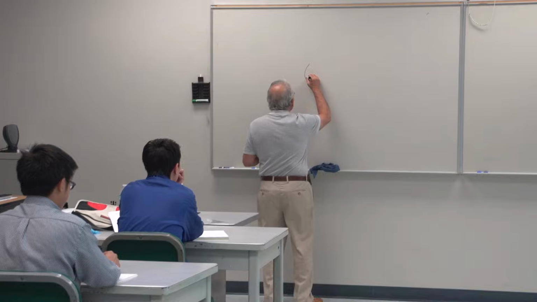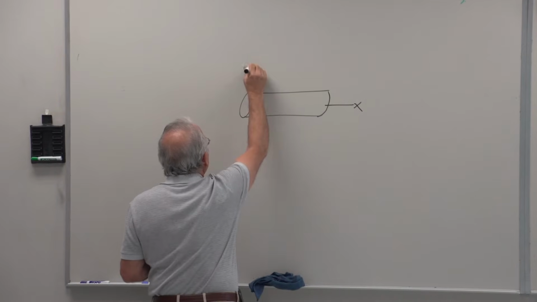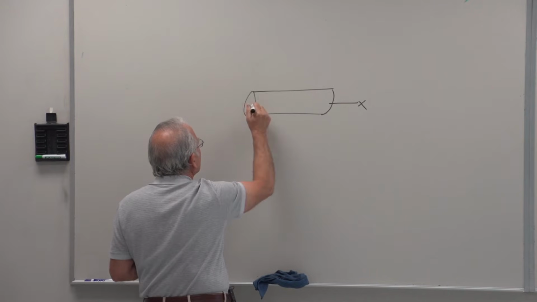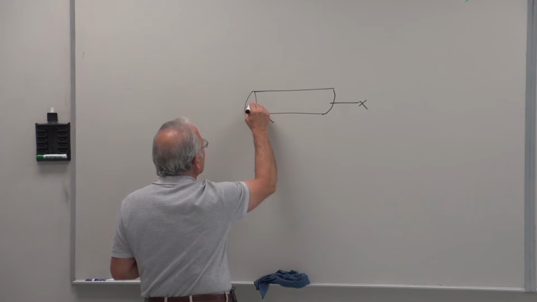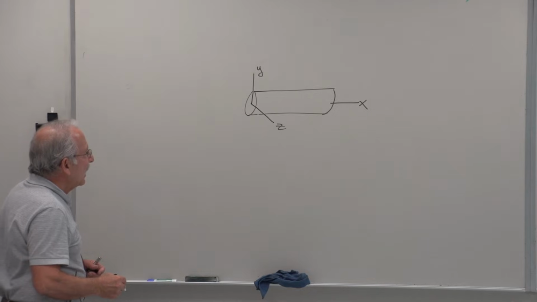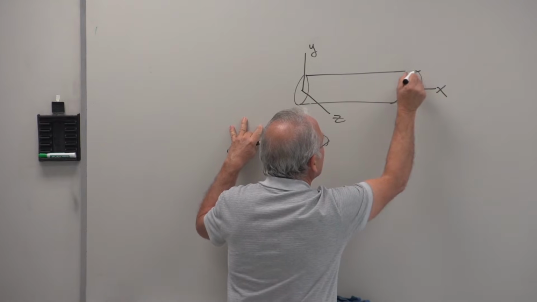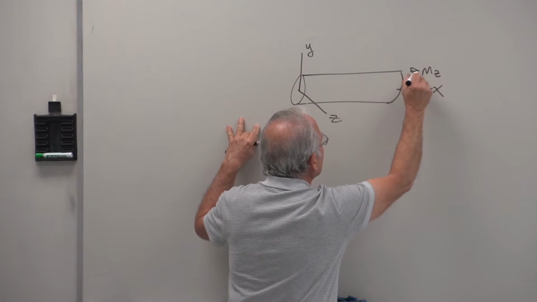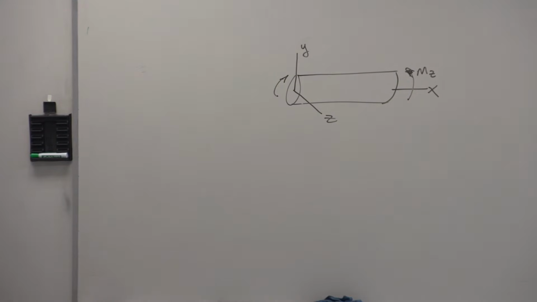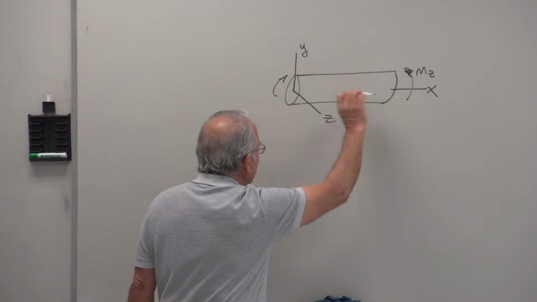So if your shaft is like that, and you apply a bending moment, say about the z-axis, the normal stress that is created is parallel to the axis of the shaft.